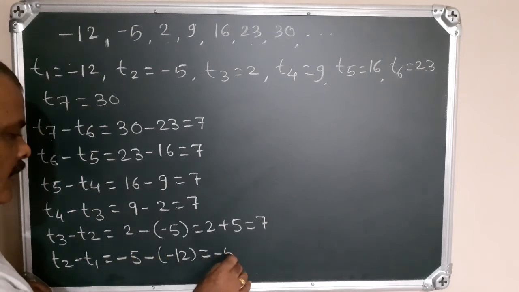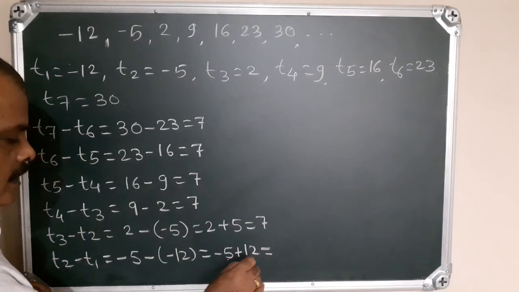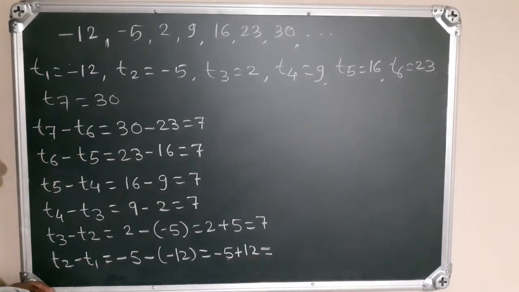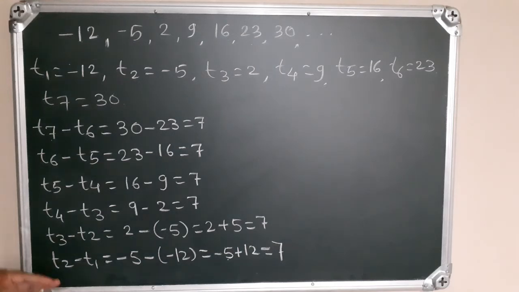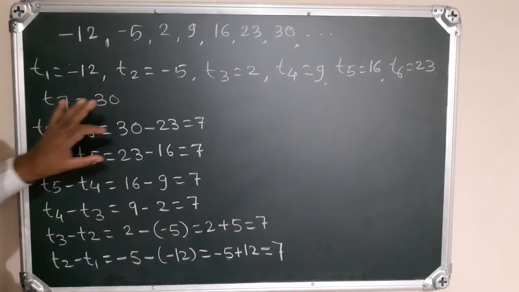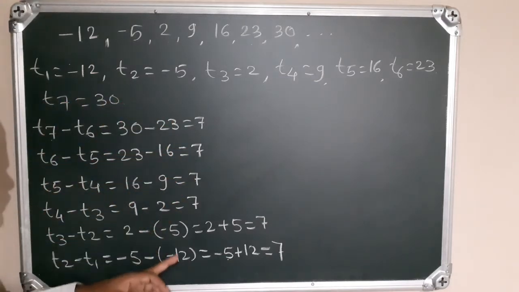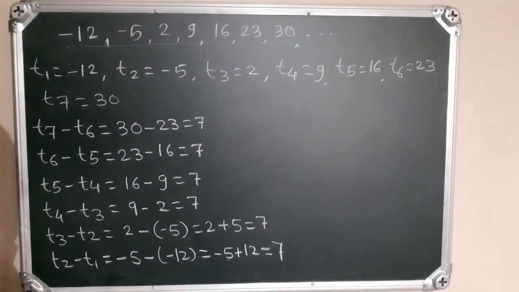This will be minus 5 plus 12, which is 12 minus 5, that is 7. So the difference between any two consecutive terms is 7. That is constant. That's why this given sequence is an AP.